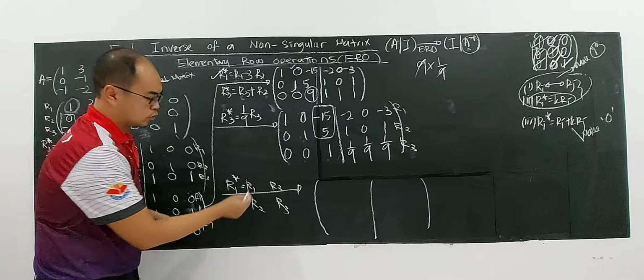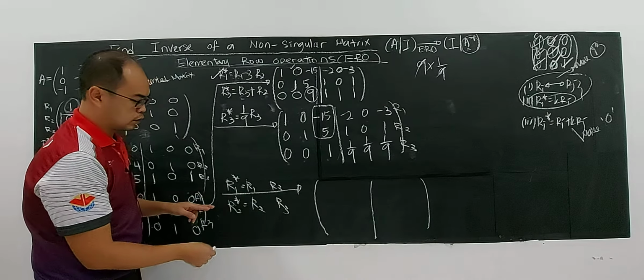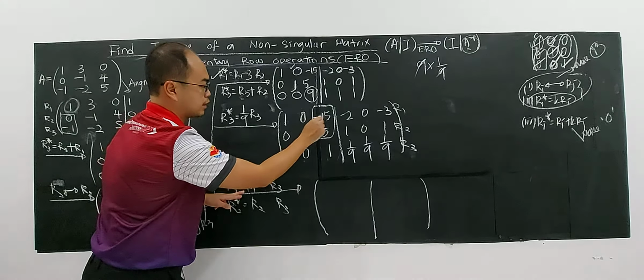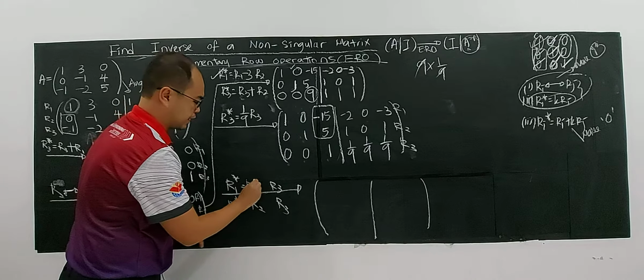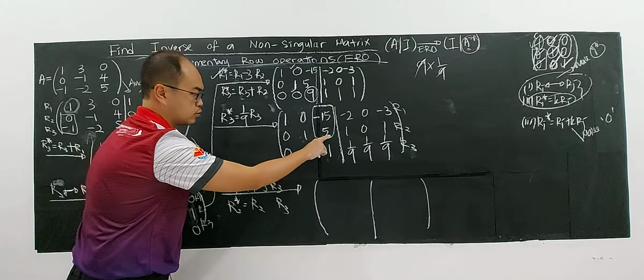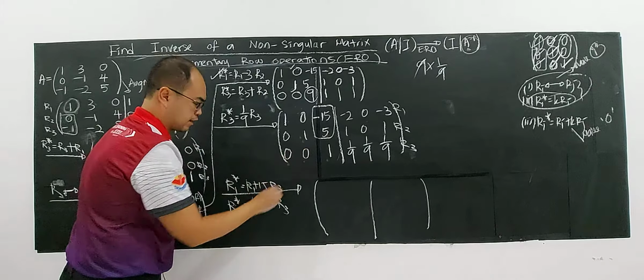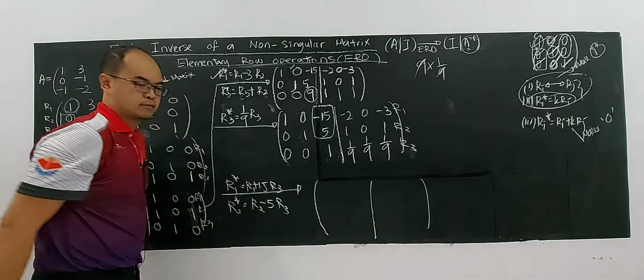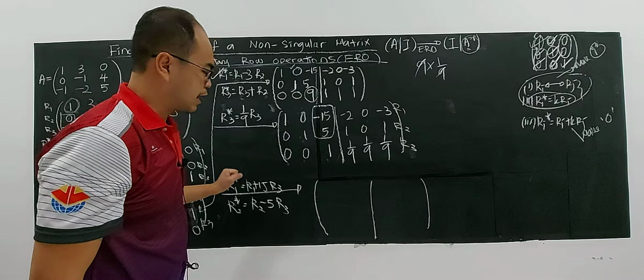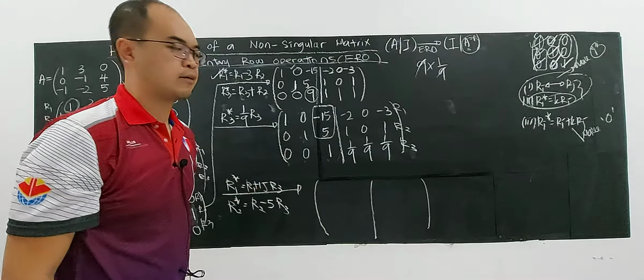That's the pattern. So row 1 and row 3 now. For this negative 15, row 1, it becomes plus 15. As easy as that. This one 5, positive 5, negative 5. If you carry out very carefully, finally you will have your solution.